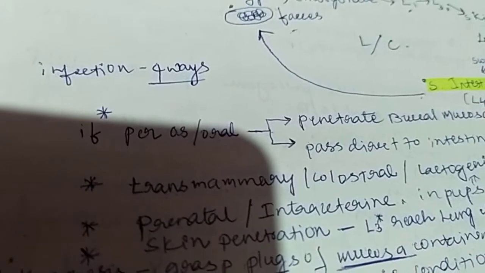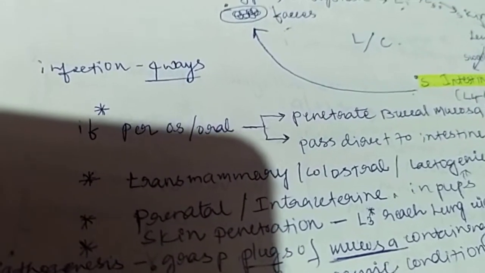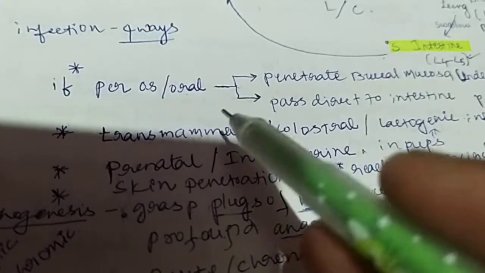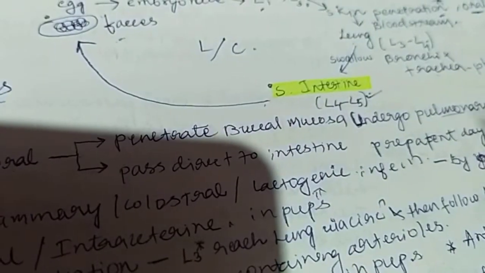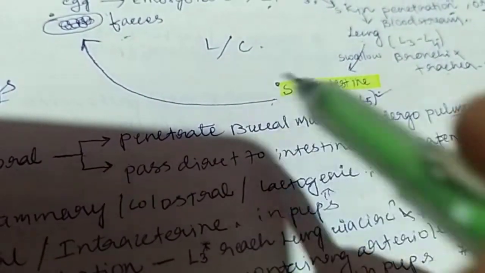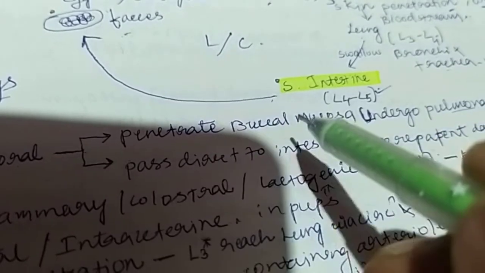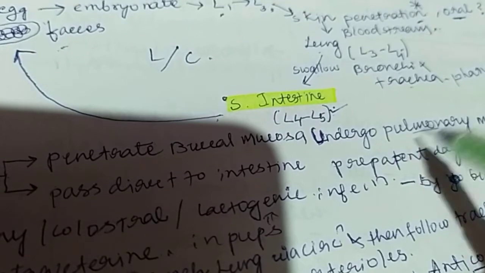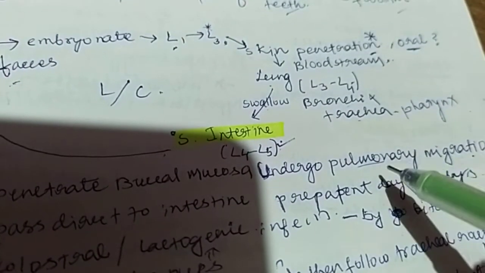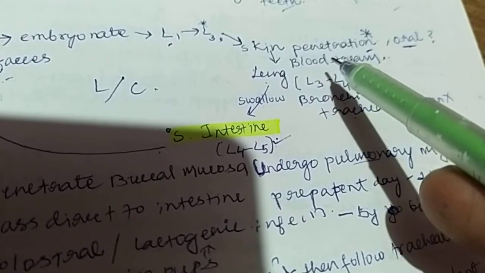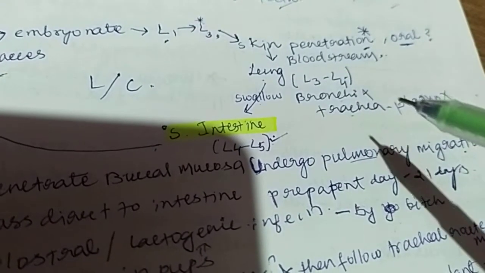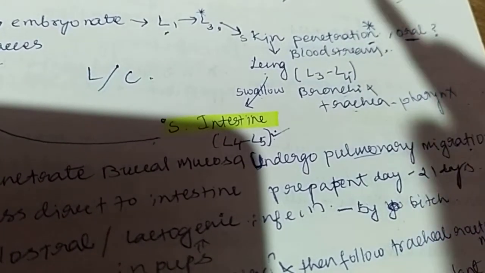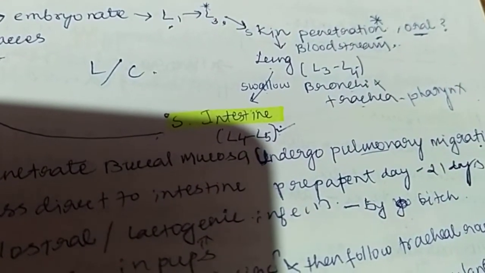Now let us come to the infection of the host. There are mainly 4 routes. The first one is per os or the oral route. In the oral route, the larva might penetrate the buccal mucosa. If it penetrates the buccal mucosa, it will undergo pulmonary migration, that is, it will reach the bloodstream, from the bloodstream to the lungs, and again bronchi, trachea, pharynx, and be swallowed, and from there it goes to the intestine, where it will mature, then again it starts laying eggs.